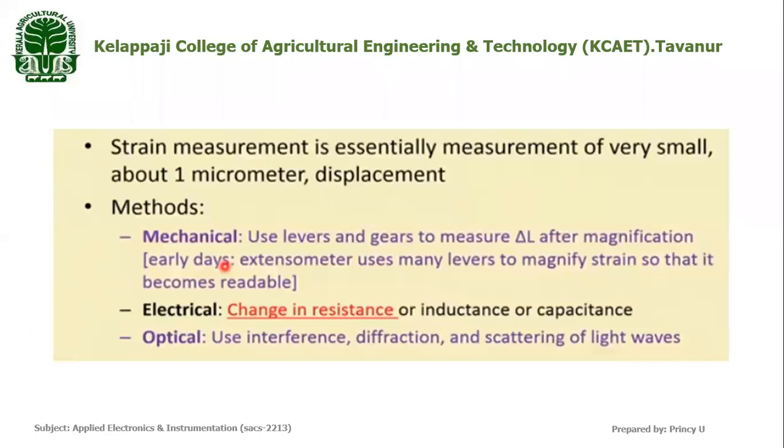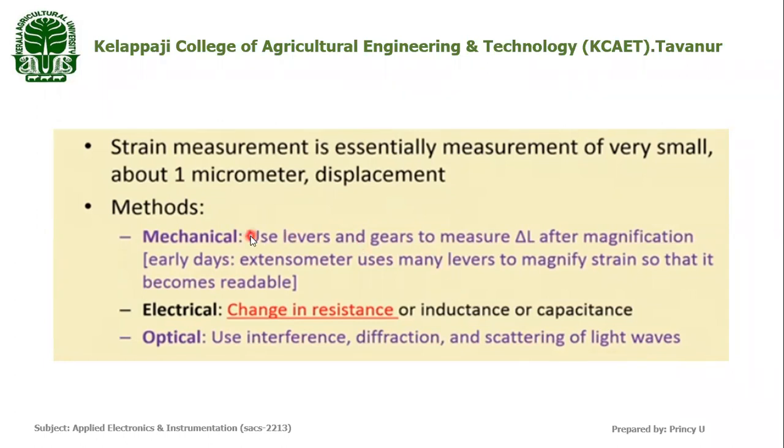In earlier days, the extensometer was used to measure stress or strain. Many cantilevers are connected in parallel to magnify the strain so that it becomes a readable deformation.